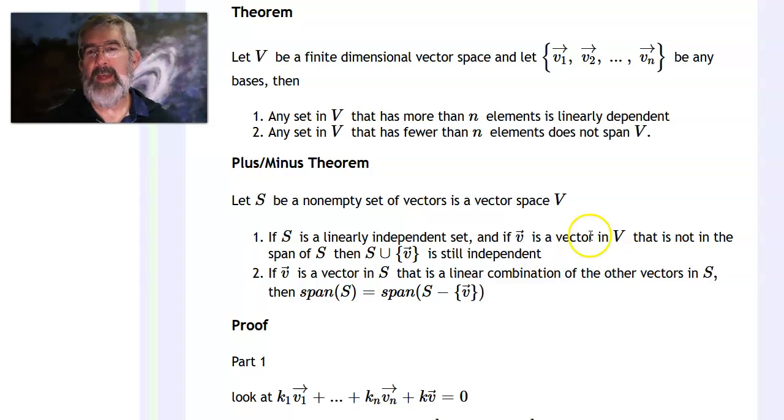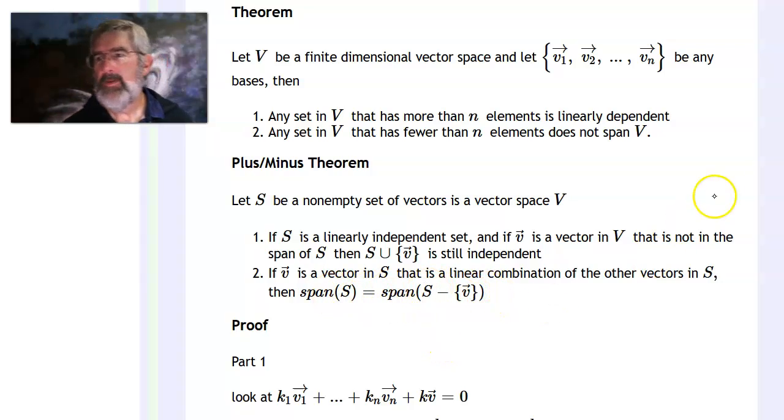So the first one is adding and keeping independence. The second part is subtracting and keeping the span the same. Okay. So here's the proof of the plus minus theorem.